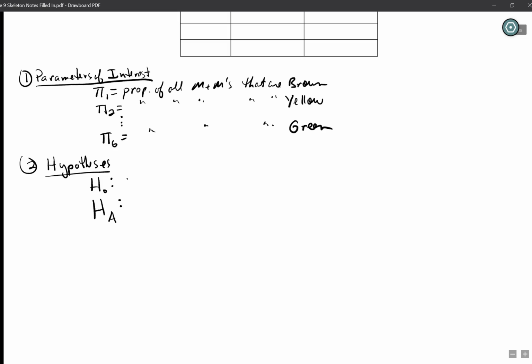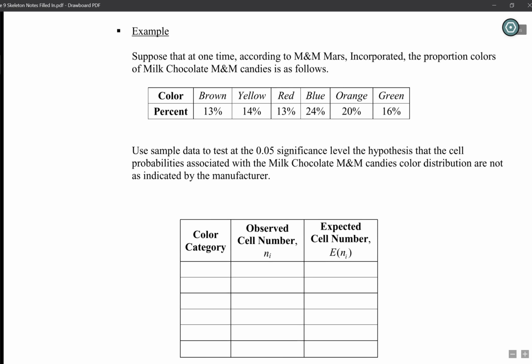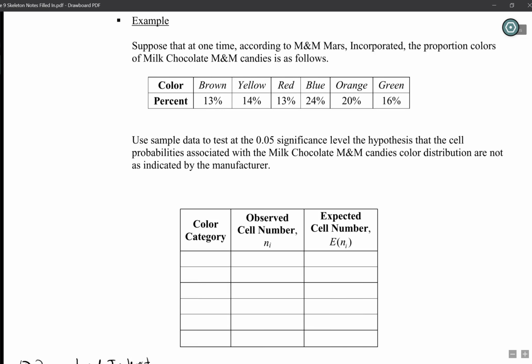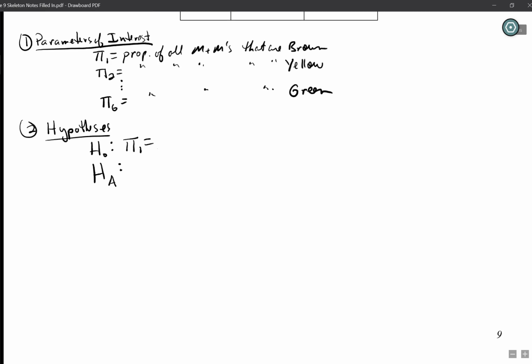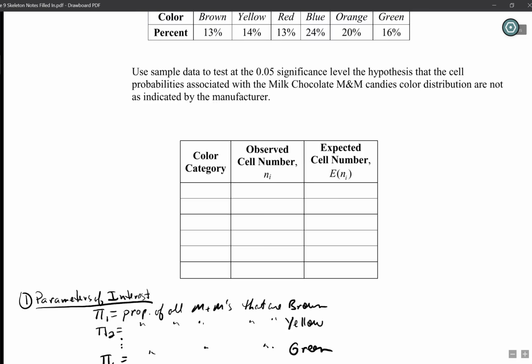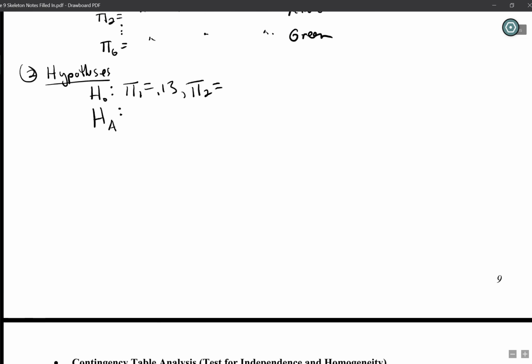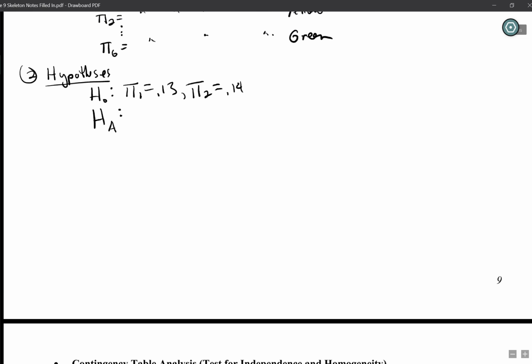H0 would be that pi 1 is equal to, what does it say here? The publication would say that pi 1 is 0.13, and that pi 2, the proportion of yellow, is 14%, that pi 2 is 0.14, and all the way up to pi 6 is equal to 0.16.